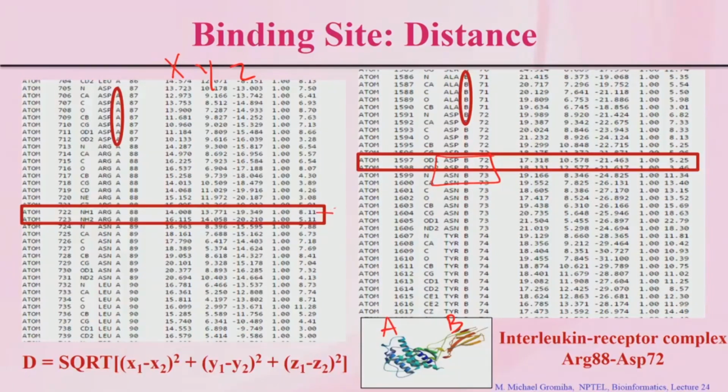Take this and this. So, 14 and 17, this will be around 9, plus 19 and 13, 10, this will be 3, that is plus 9, plus 19 and 21, that is 2, that is around 4. So this will be around 22, this is less than 5.